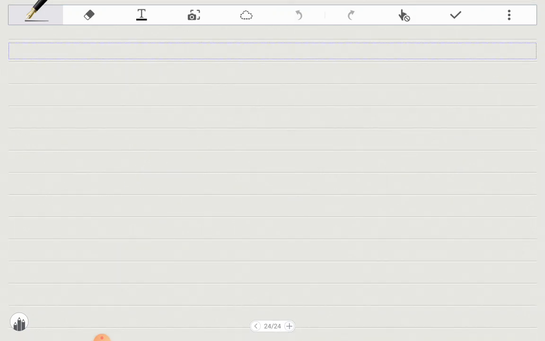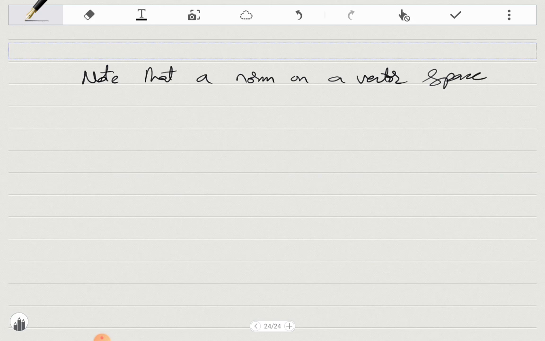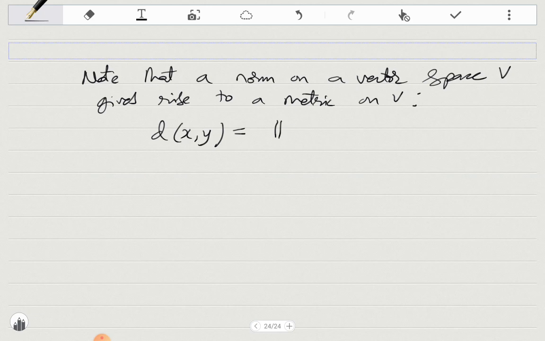Well, what I wanted to say is, note that a norm on a vector space, let's call it V, gives rise to a metric on V. We just define the metric to be d(x, y) equal to norm of x minus y.